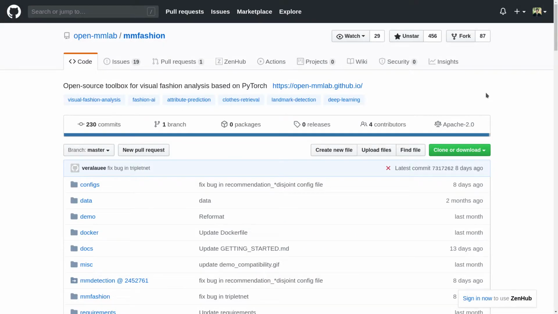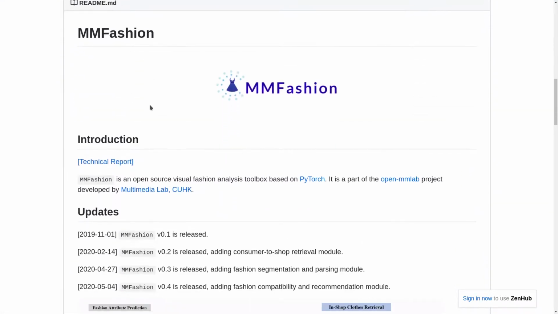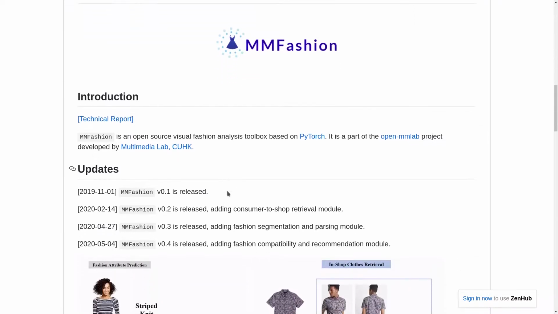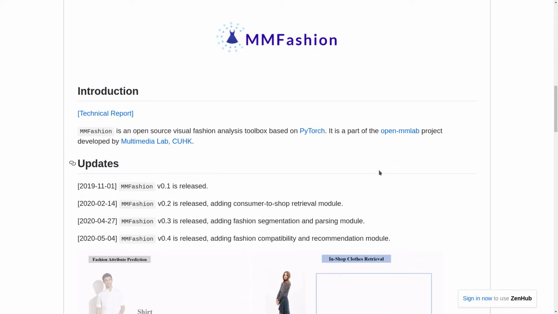One more thing that we'd like to advertise to the virtual try-on community is the Fashion repository on GitHub. This is maintained by the Multimedia Lab at the Chinese University of Hong Kong. And essentially, it's an open source visual fashion analysis toolbox based on PyTorch.